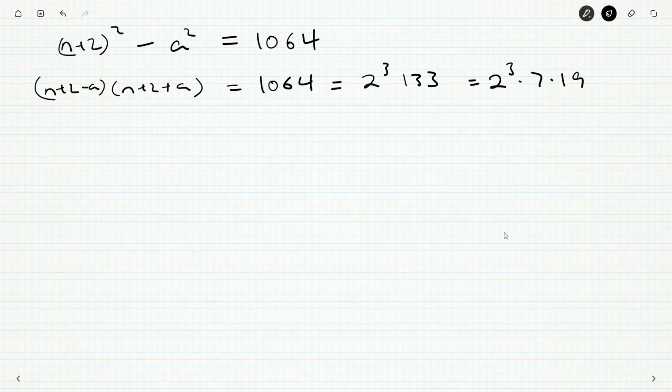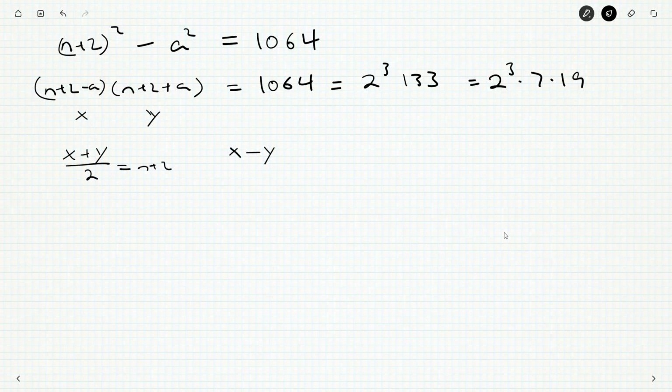Alright. So, if I call this x and this y, x plus y over 2 has got to be equal to n plus 2.